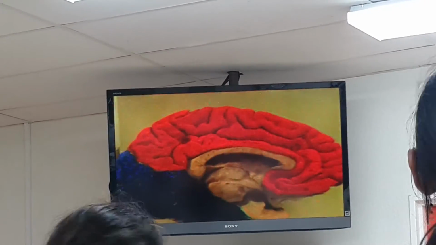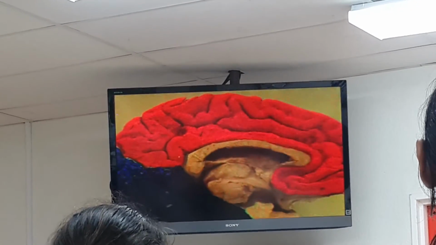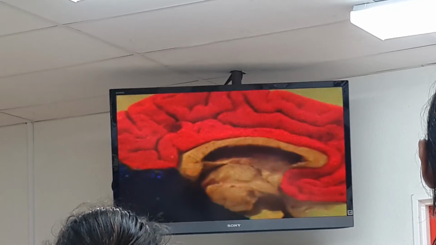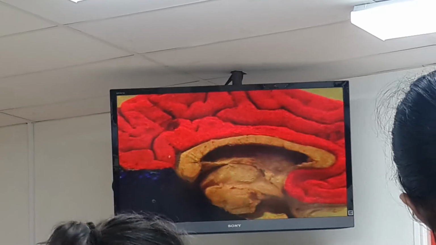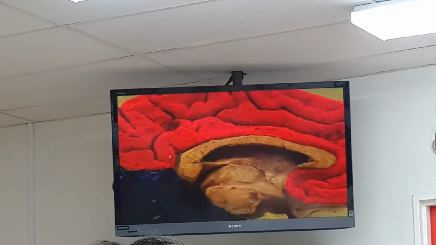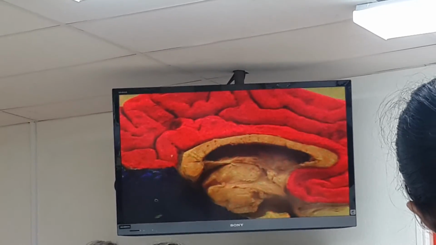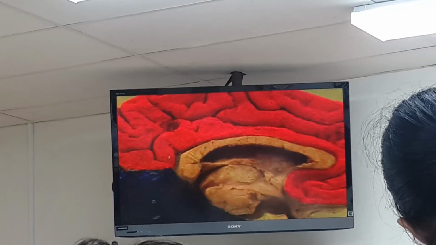In the anterior horn, you find one elevation, and that bulging is called the head of the caudate nucleus. It lies in front of the thalamus. The head of the caudate nucleus is the largest part of the caudate nucleus. It lies in the floor of the anterior horn of the lateral ventricle.